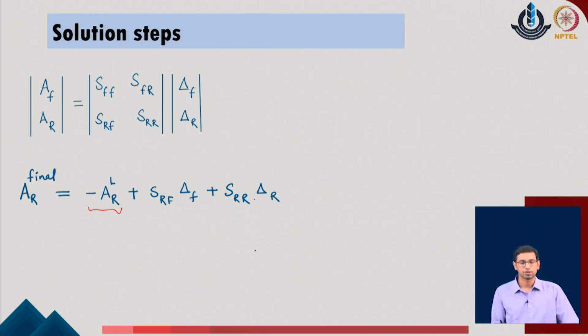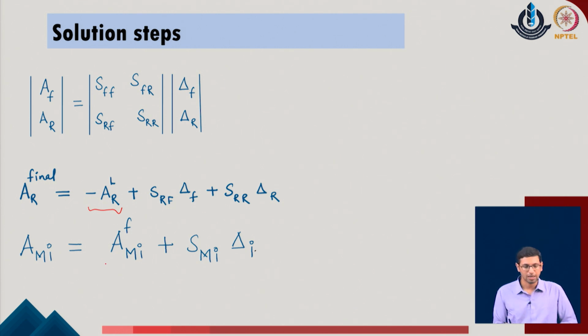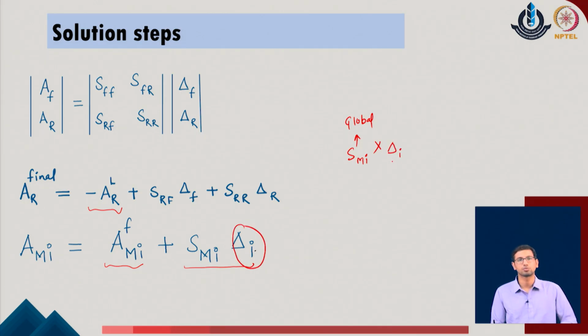Now, once we are done with this part of the procedure, we now look for the calculation of the member forces. We realize that member forces can be calculated by the simplistic procedure that for each of the members we know the stiffness matrix in the global coordinates. So, this value in the global coordinates is multiplied into the delta I. So, for each of the members we can now pick the values of the delta I which are evaluated for the given problem.